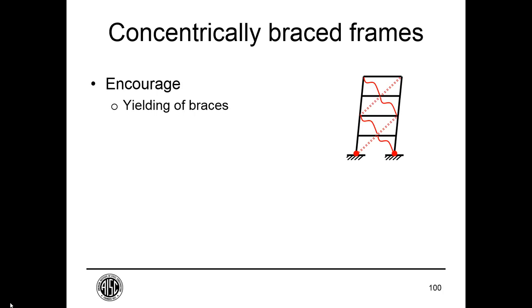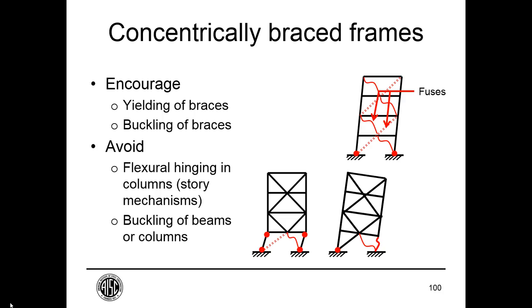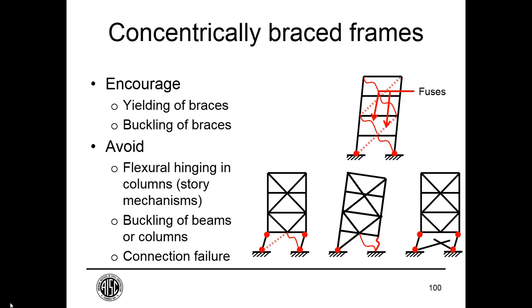We want to proportion these to encourage yielding of the braces, which act as the fuses. It could be buckling of the braces for the special concentrically braced frame. And we want to avoid this sort of story mechanism. Certainly we want to avoid column buckling or connection failure.